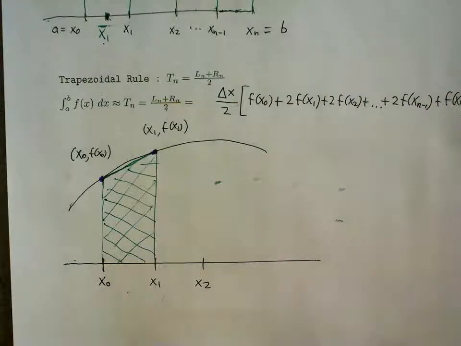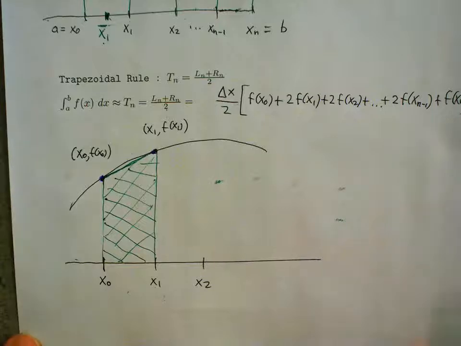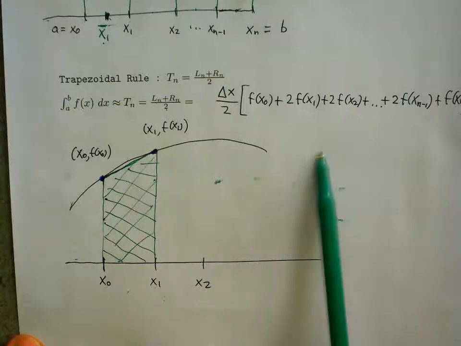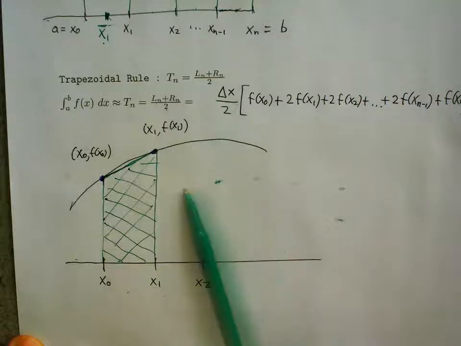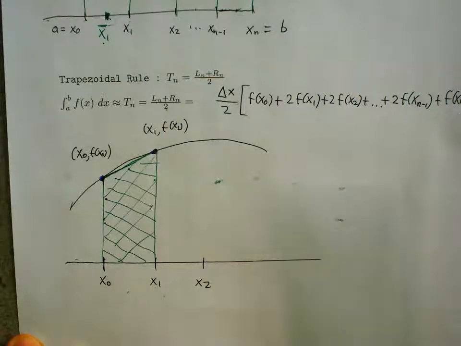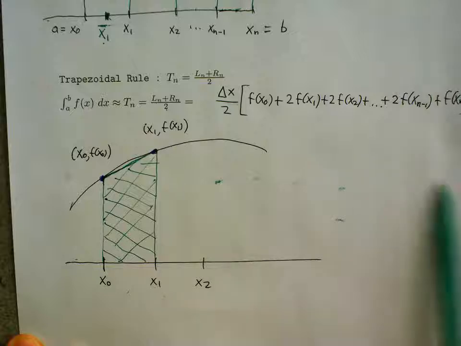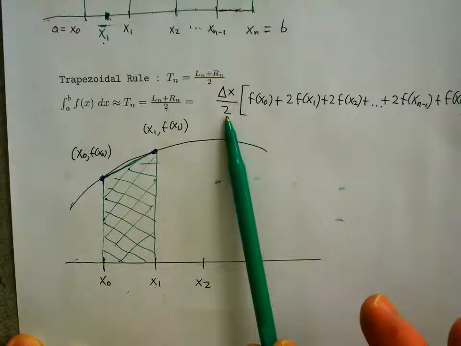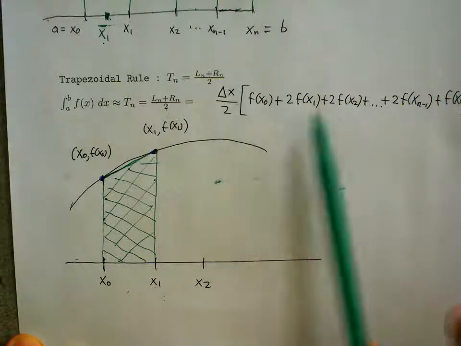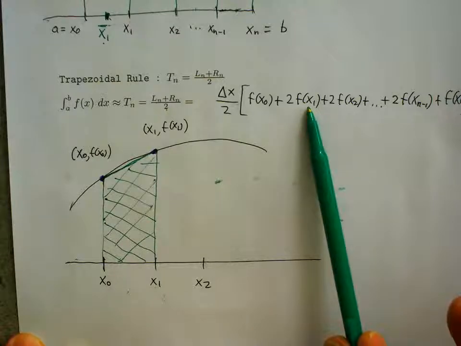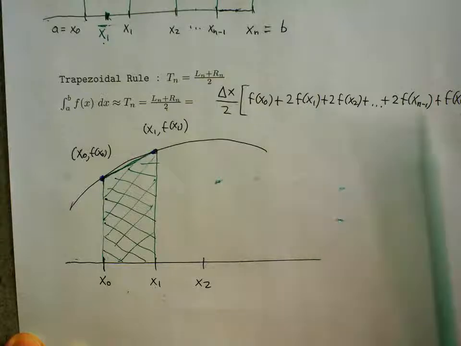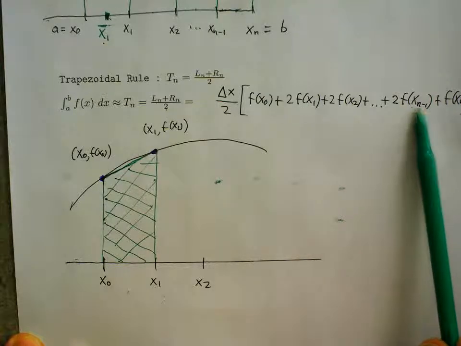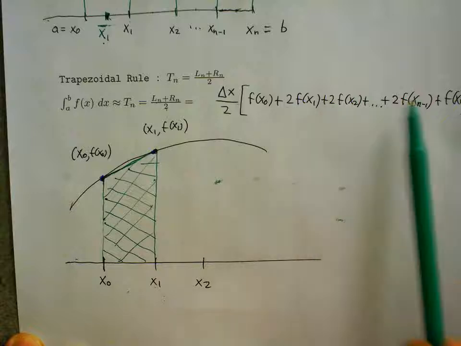Well, the other page is kind of messy, so I'll just explain again. If you write out the terms for the left-hand sum and the right-hand sum and then add them together and then divide by 2, all of the middle terms occur twice. That's why the coefficients of f of x sub 1 up through f of x sub n minus 1 each have a coefficient of 2.